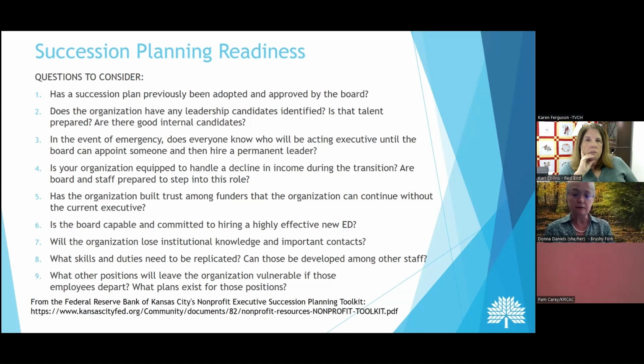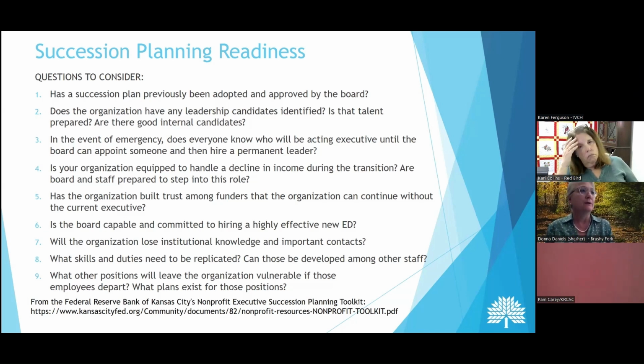Particularly in terms of an unplanned loss of an executive leader, it's a good idea for board members or even the executive leader to have identified somebody that could step into that role in an interim position so that the work of the organization continues forward.